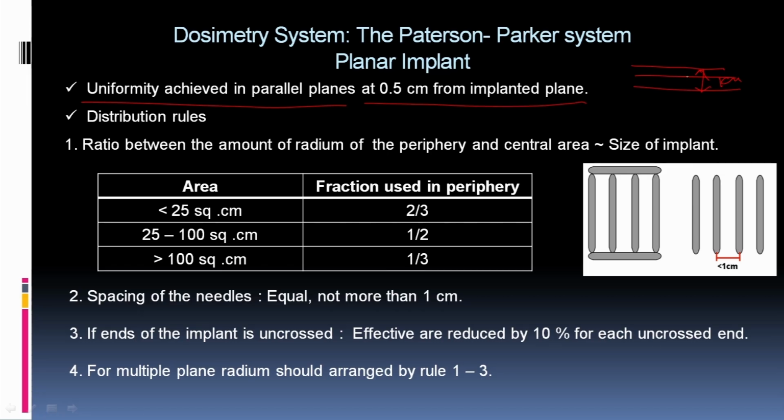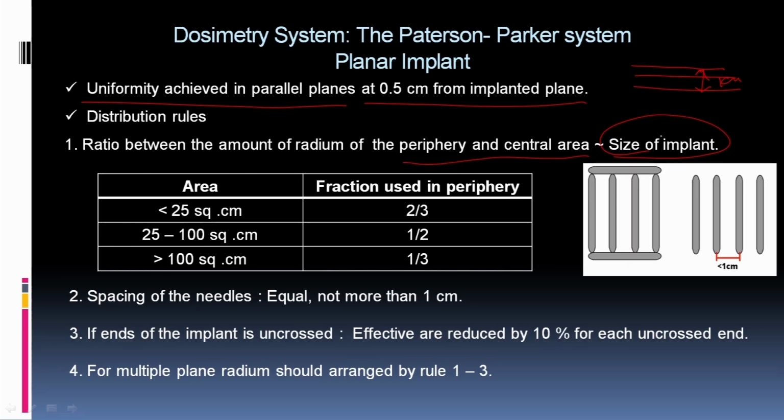Now, the distribution rules: they mention that the ratio of the amount of radium in the periphery and central area depends on the size of the implant. They define, according to the size of the implant, how much activity we have to apply in the periphery and center, so that the whole implant area gives a uniform dose distribution of plus or minus 10%.